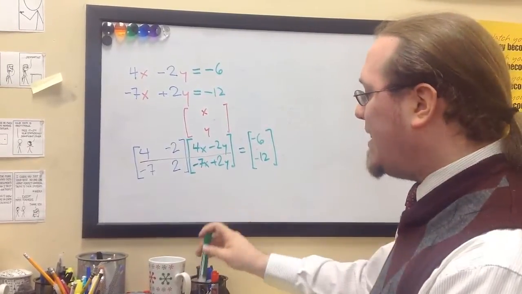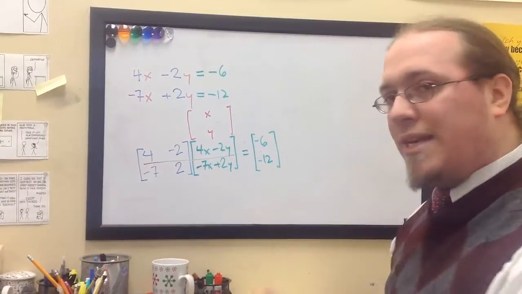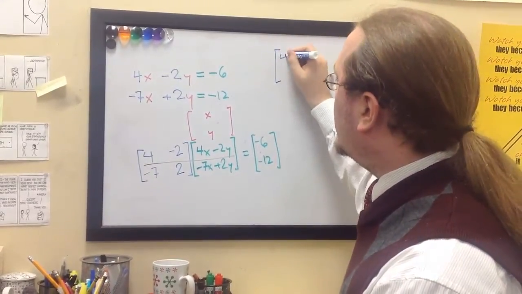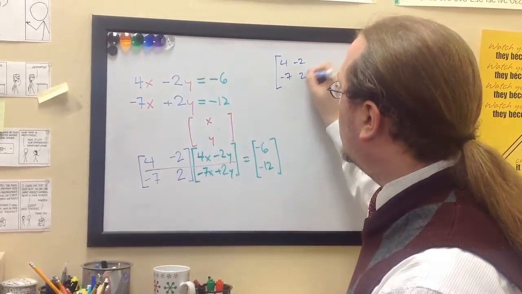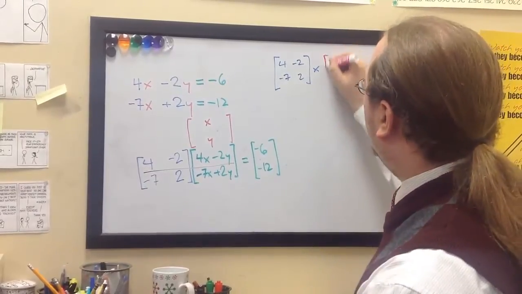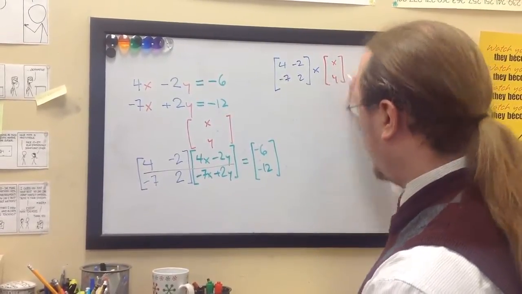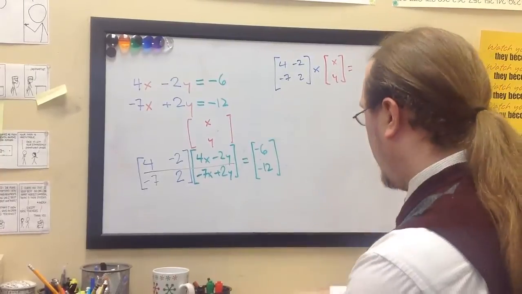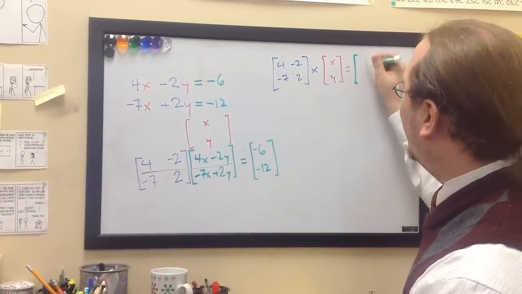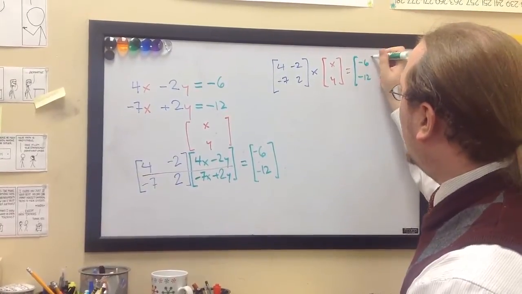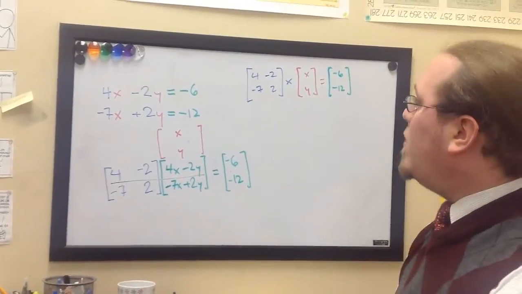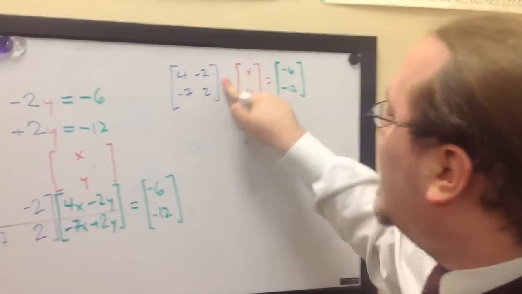Now, what that lets me do is I've turned this into what's called a matrix equation, where I've got this matrix times this matrix equals -6, -12.